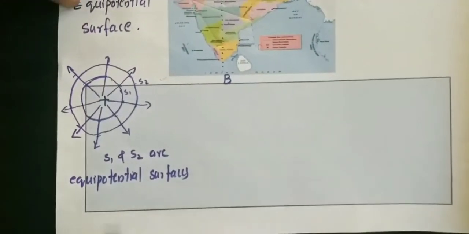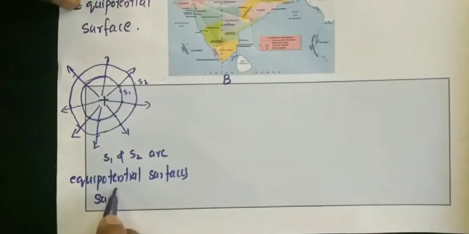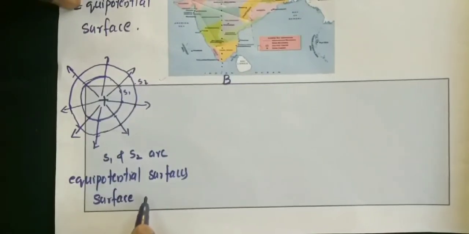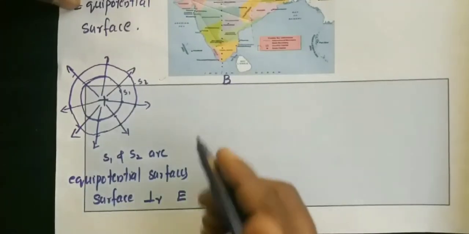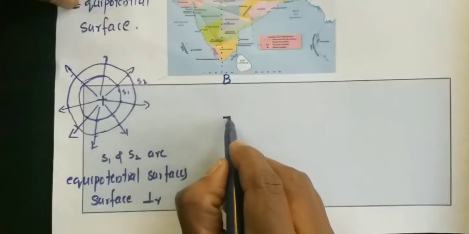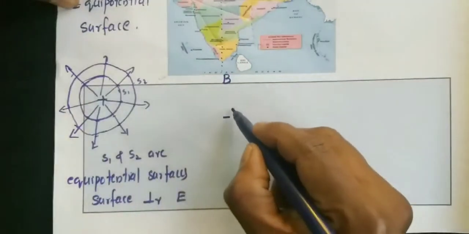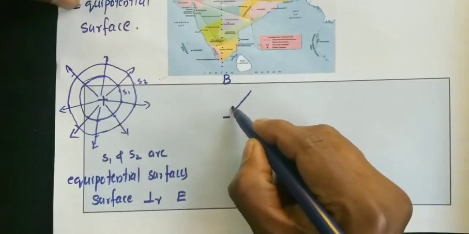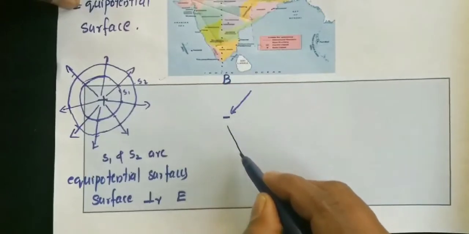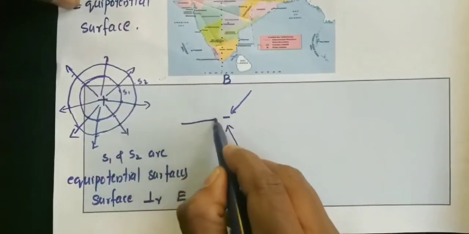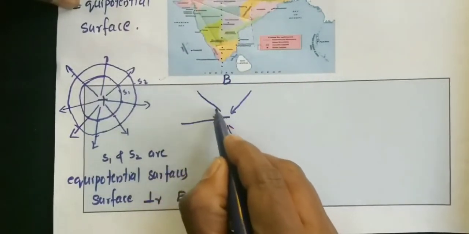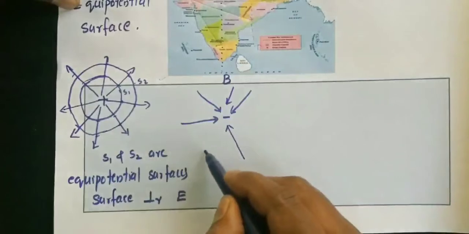So from the diagram it is clear that the electric field lines are perpendicular to the equipotential surface. Equipotential surface will always be perpendicular to the electric field lines. Similarly, if I draw equipotential surfaces for a negative charge also, these lines represent electric field lines.